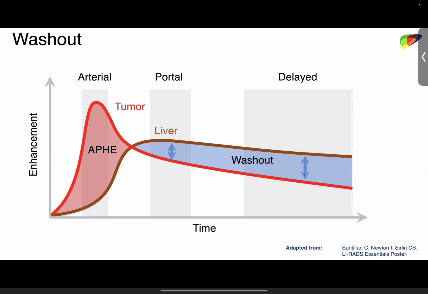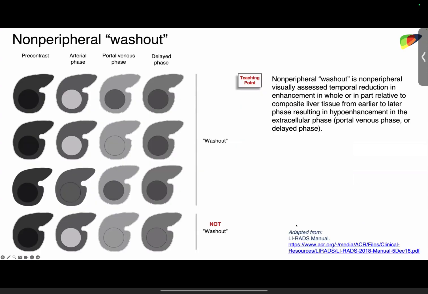The difference in enhancement increases between the portal venous phase and the delayed phase, hence the interest of the later 180-second phase. Here are some schematics of what constitutes washout in the first 3 rows and what does not constitute washout in the 4th row. This is known as fade appearance, where the enhancement of the observation becomes virtually indistinguishable from that of the background liver.